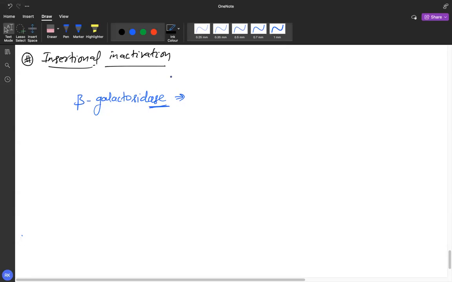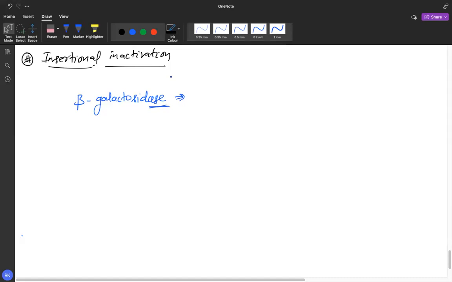But if your recombination has worked and your gene has been successfully inserted within the sequence of beta galactosidase, then beta galactosidase is inactive. Now, if it is inactive, there is no enzyme. If there is no enzyme, when you culture these bacteria in the presence of that chemical, no reaction will happen.